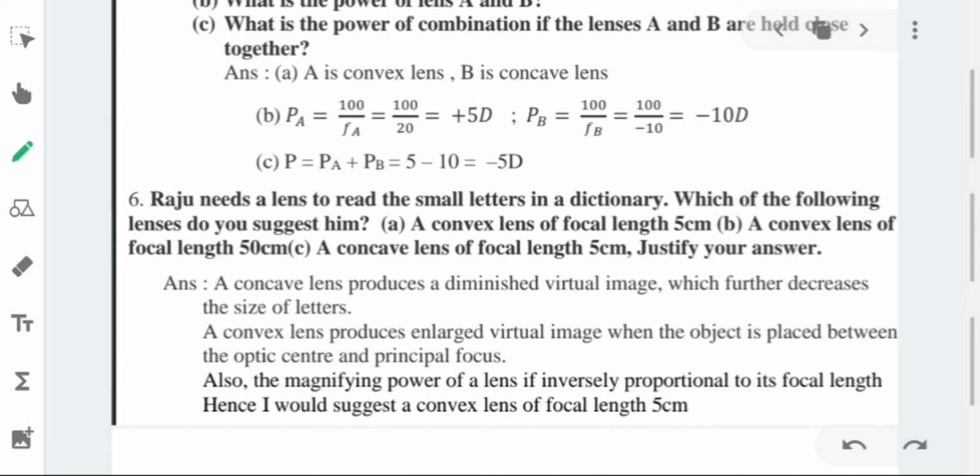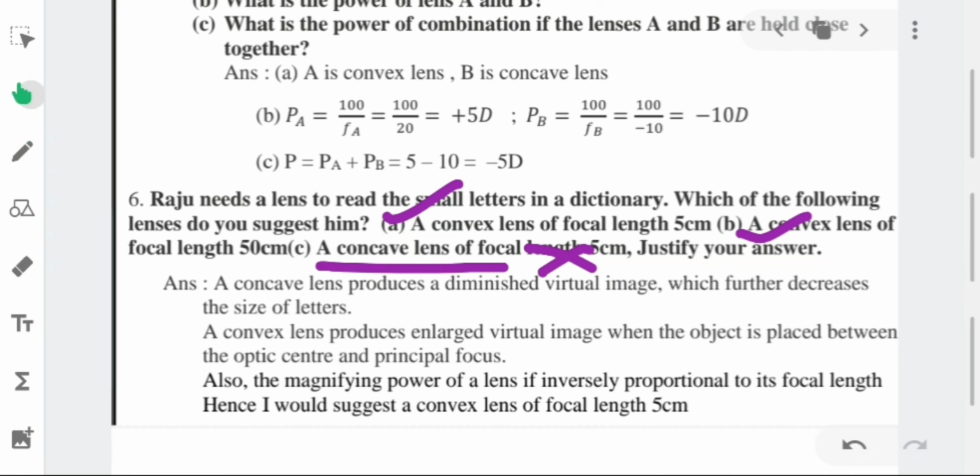Remember, we know that a concave lens produces a diminished and virtual image, which further decreases the size of the letters. So we cannot suggest this one. And the remaining are the convex lens of focal length 5 cm and the convex lens of 50 cm focal length.